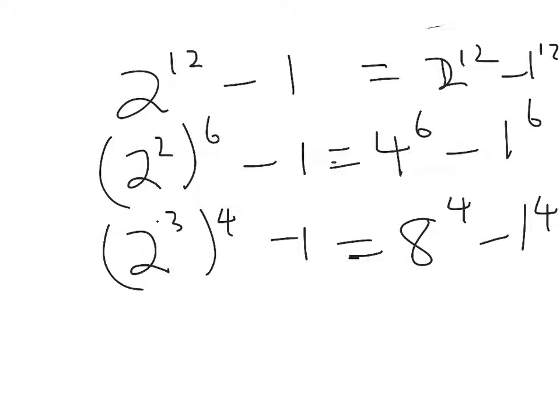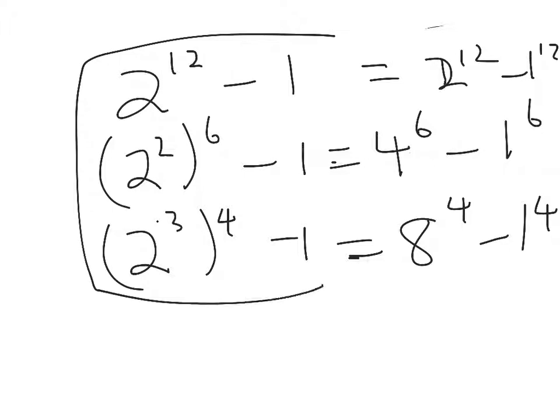So from these 3, we can tell that 2 minus 1, that's one factor. 4 minus 1, that's 3, another factor. 8 minus 1, that's 7, another factor. So from these 3 ways of writing the same thing, 1 is a factor, 3 is a factor, and 7 is a factor.